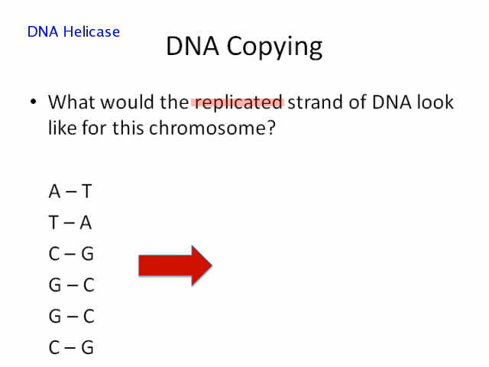And when it does that, we of course would have an A, T, C, G, G, C. And that would make up half of the strand. And then counter to that, we would also have a T, an A, a G, a C, a C, and a G. So we have these 2 strands that have now separated.